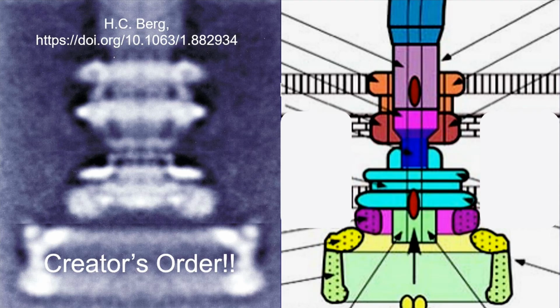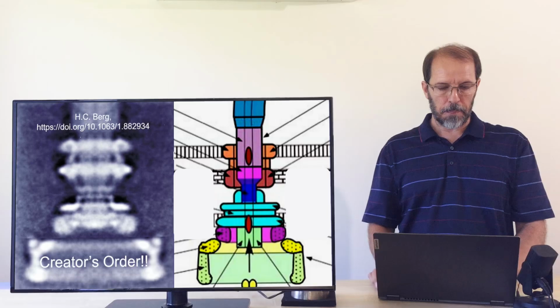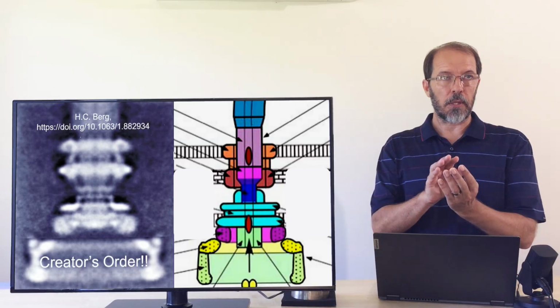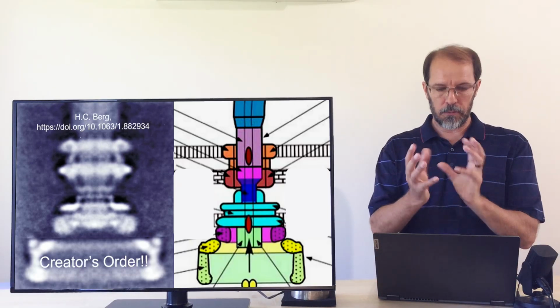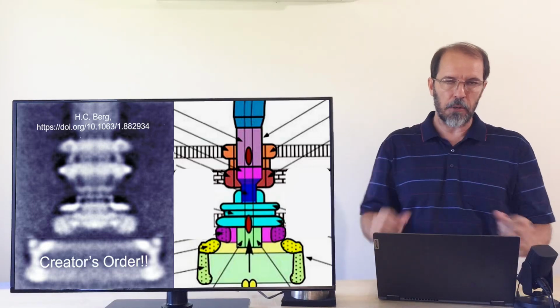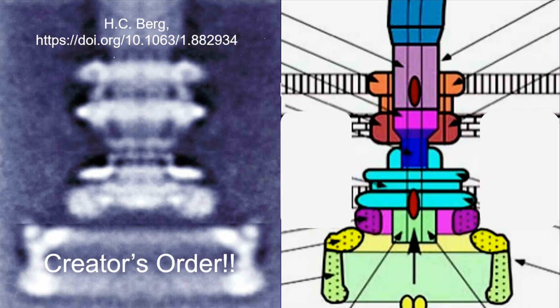On the left, we have an actual electron scanning microscope diagram. Now, it's not just one photo. Apparently, it's zoomed in so much that they had to take many photos and get the averages to recompile the photograph. And the diagram on the right is important because here we see all the different colors, and the colors represent different proteins.